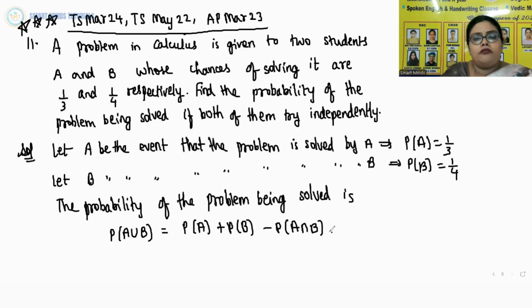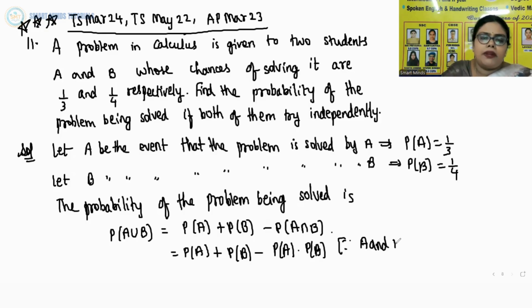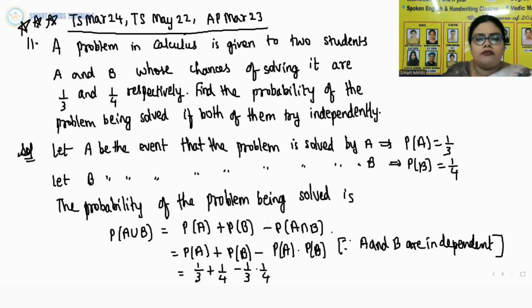So we can write P of A intersection B as P of A into P of B. Why? Since A and B are independent. We have P of A value, P of B value. So 1 by 3 plus 1 by 4 minus 1 by 3 into 1 by 4.